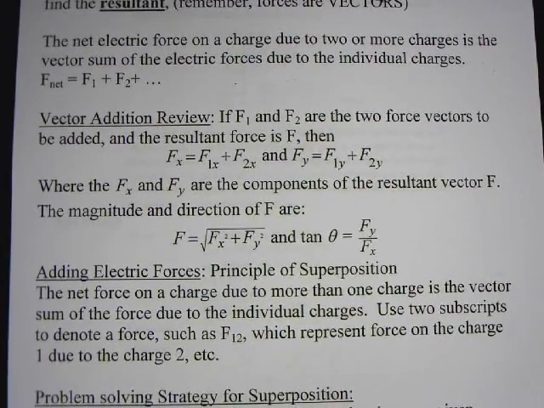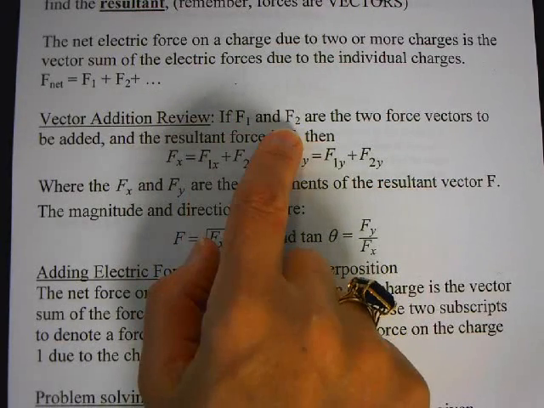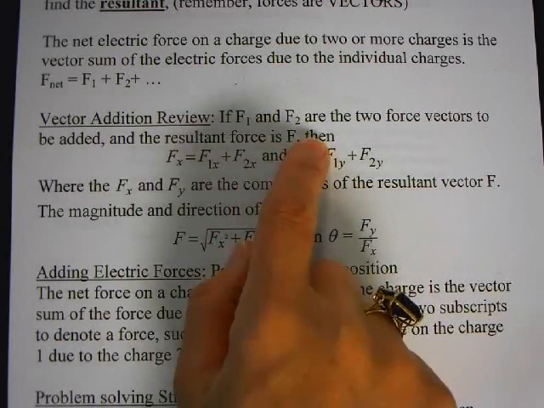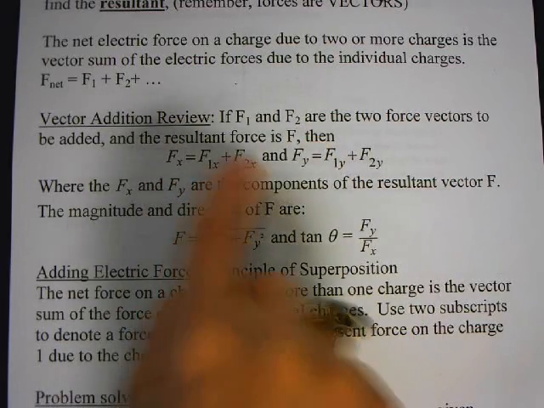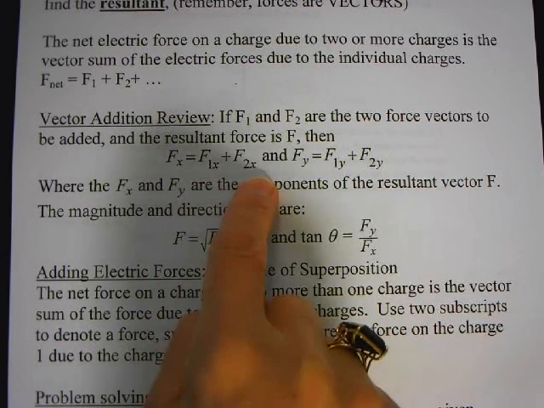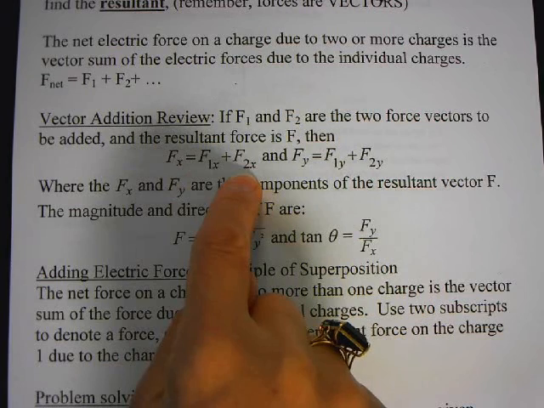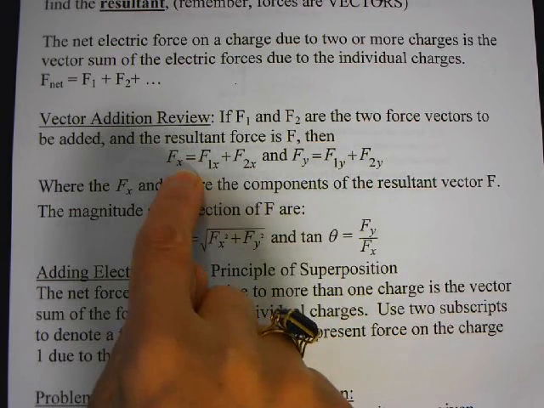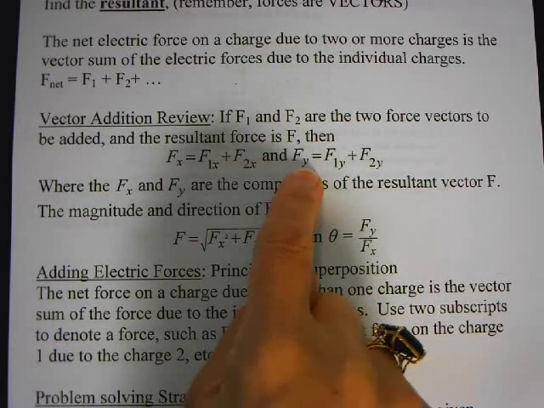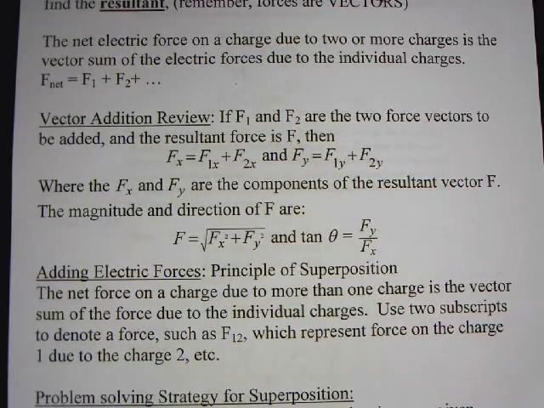Just to go over vector addition: if I have 2 forces and I want to add them up, I'll do this in table form. I'll find all the x components. If I have 2 forces, F1x and F2x, that'll give me the resultant of all the x's.